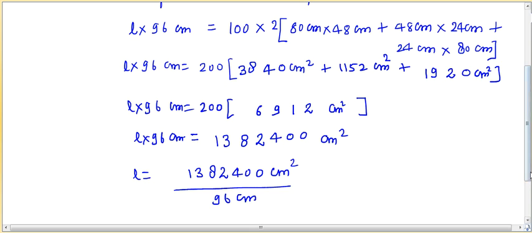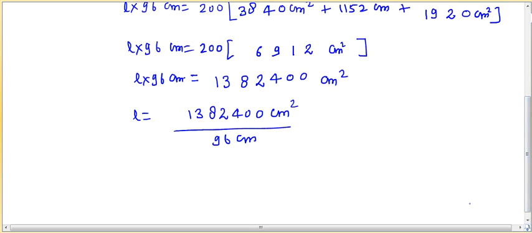You can see that we are dividing a value of square centimeter by another value of centimeter, so we will have the quotient as centimeter. If we divide this, we will have 14,400 centimeter.